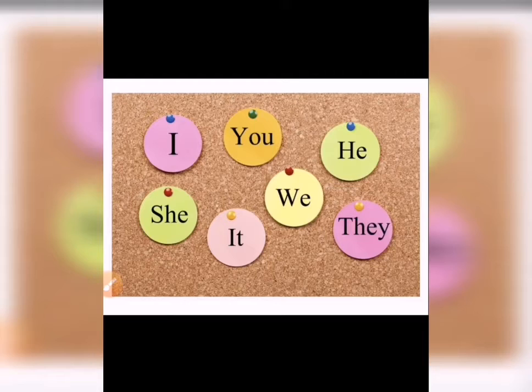So for example, a boy, a girl. A boy and a girl, these are nouns. Instead of using nouns, we can use pronouns. For a boy, we can use the pronoun he. For a girl, we can use the pronoun she. For animals and things, we can use the pronoun it.